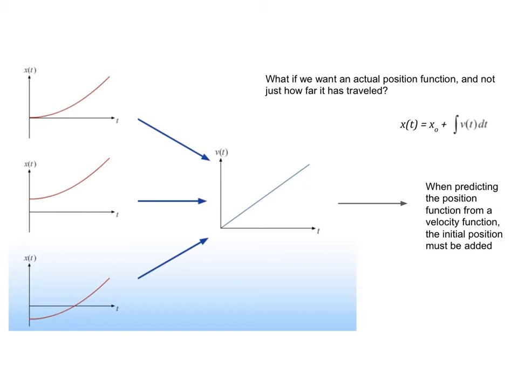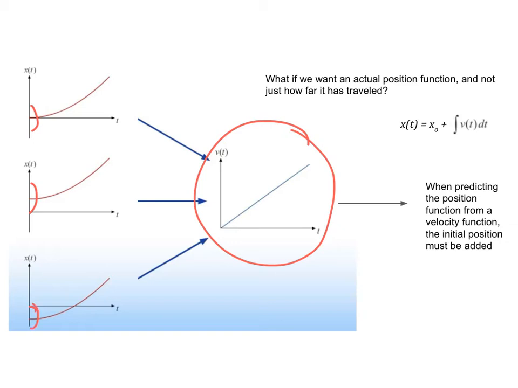So kind of thinking backwards, if we started with this, if we knew that the velocity was consistently changing with a constant acceleration, can you predict exactly what the object was doing? Well, you can predict the general shape. You can predict how the motion is changing, but what you can't tell is where the object started.